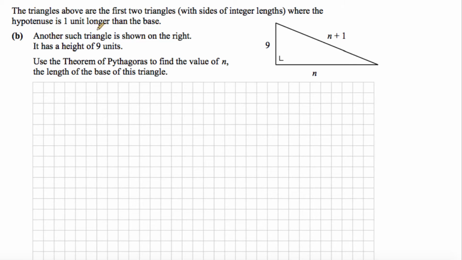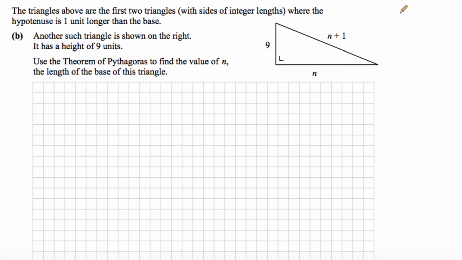Part B. Another such triangle is shown on the right. So here we have a base of n, and a hypotenuse of n plus 1. It has a height of 9 units, as we see. Use the theorem of Pythagoras to find the value of n, the length of the base of this triangle. So we've defined n.